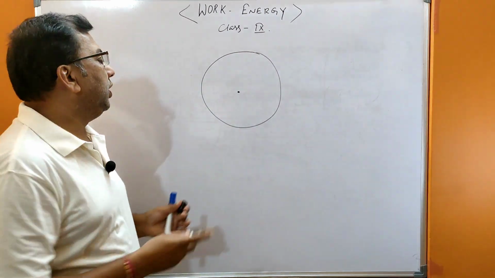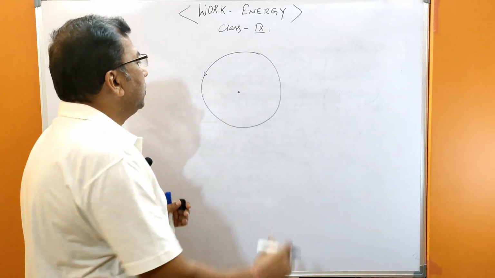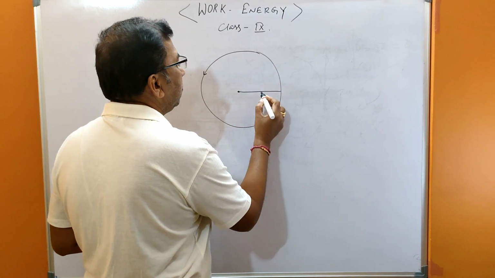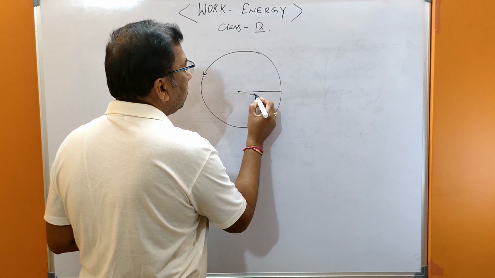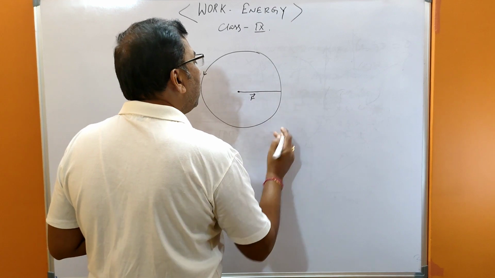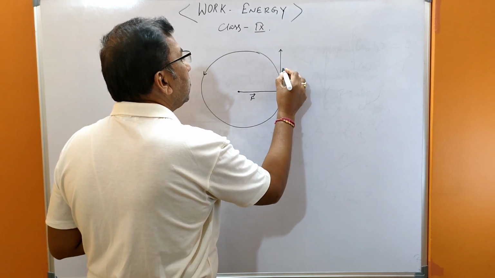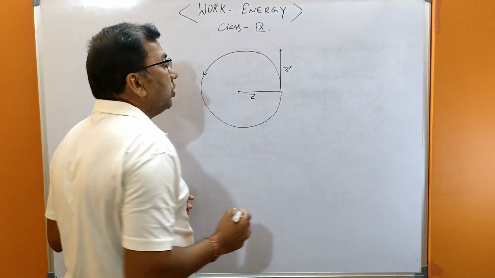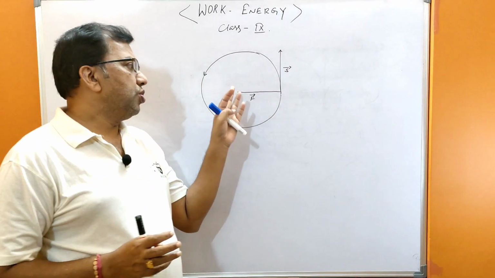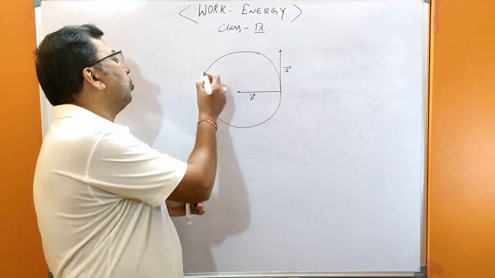See here, the stone is moving in a horizontal circular path. Suppose this is F, and it always goes along the tangent. So the displacement is this. What is this?